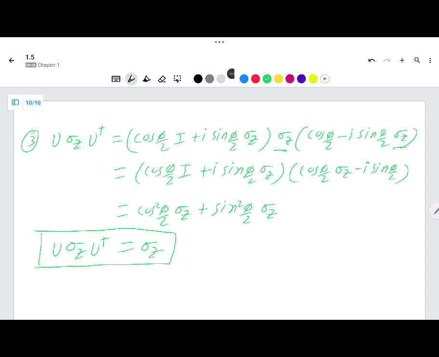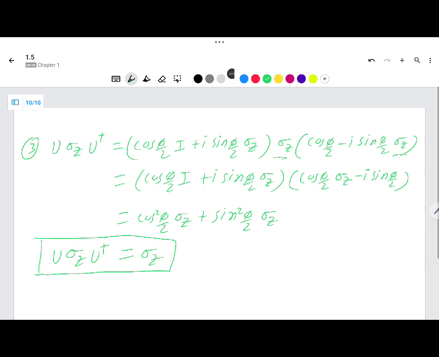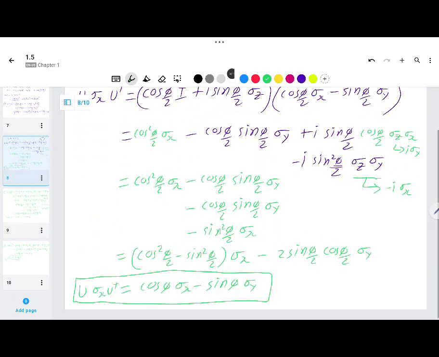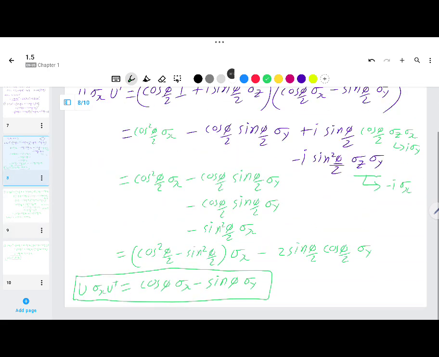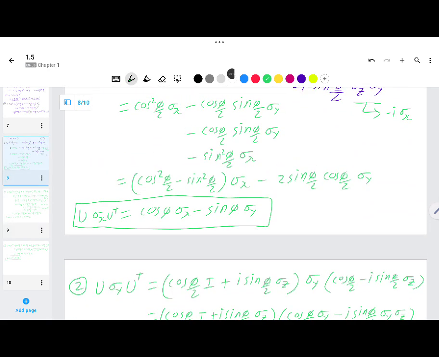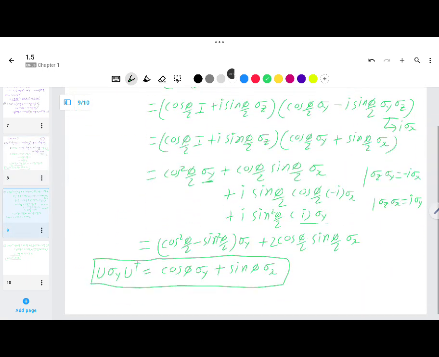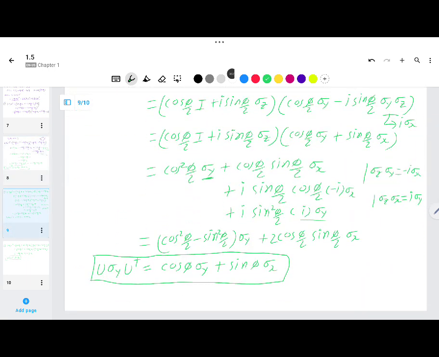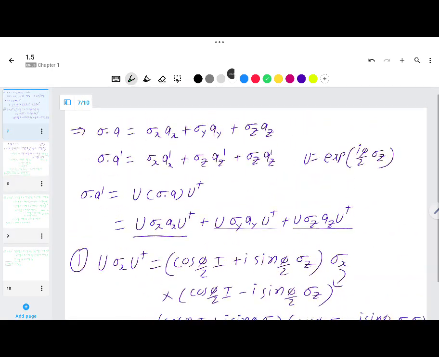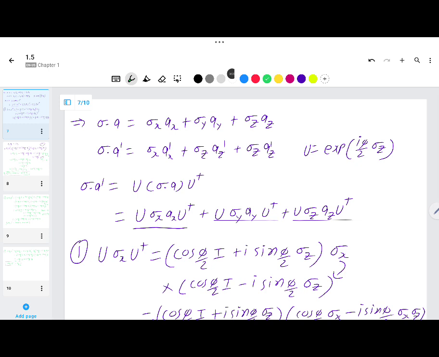So our interest was how each and every term will get transformed. So we know this x, this is cos phi sigma x minus sin phi sigma y, same thing but with a plus. So our interest was how each of these terms is getting transformed.